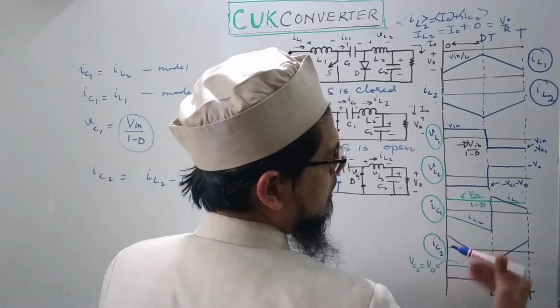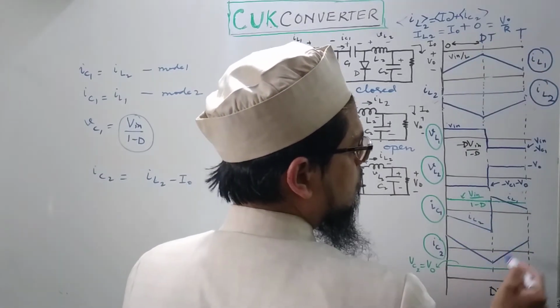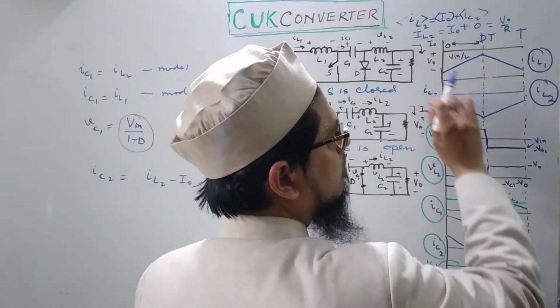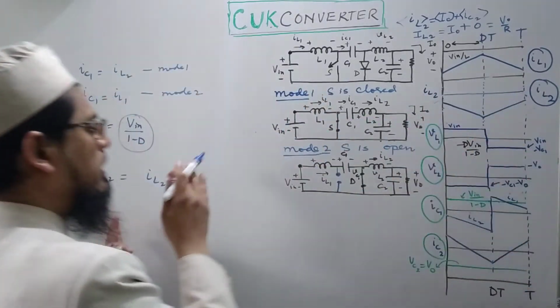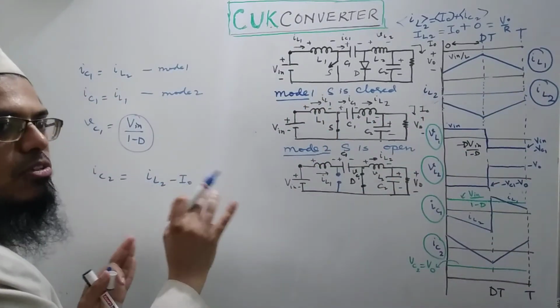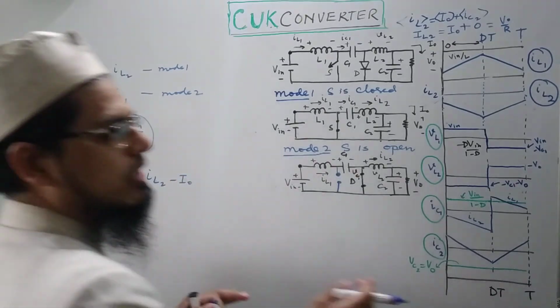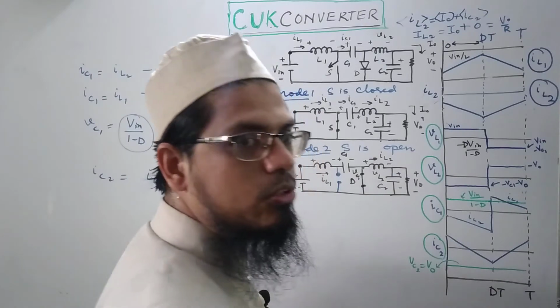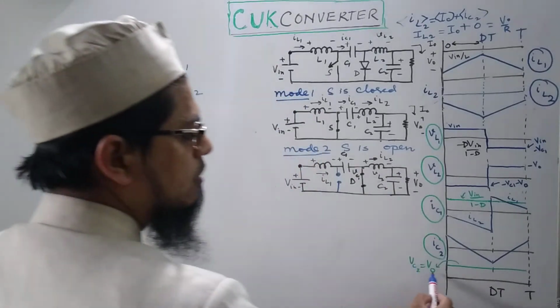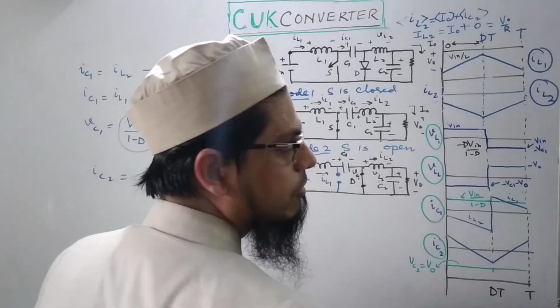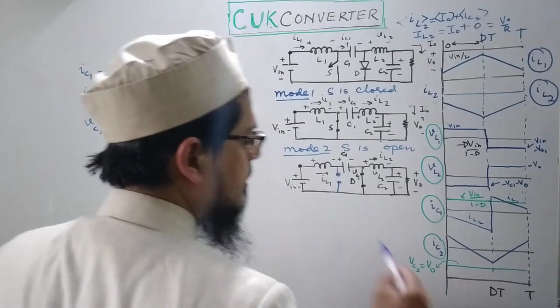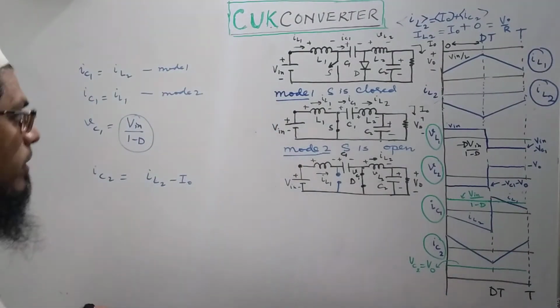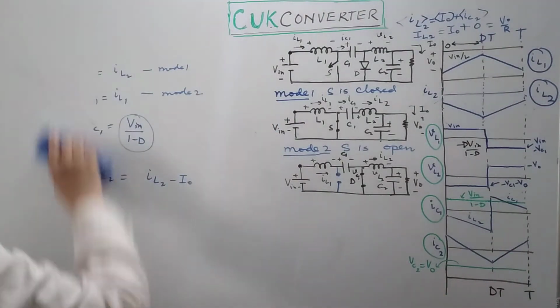That's what I have shown you here. The current IC2 is the same waveform as that of IL2, with a positive constant value of minus I naught added to it. What about the voltage? VC2 is equal to V naught minus Vin D by 1 minus D. That is also constant.